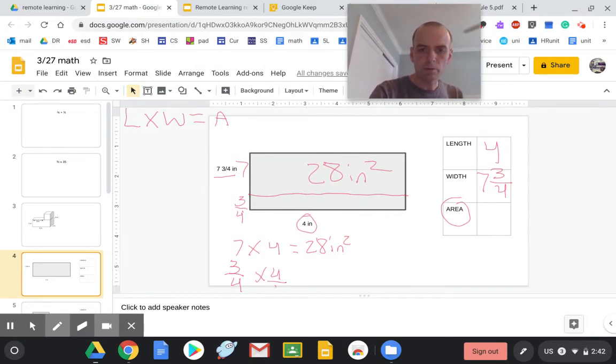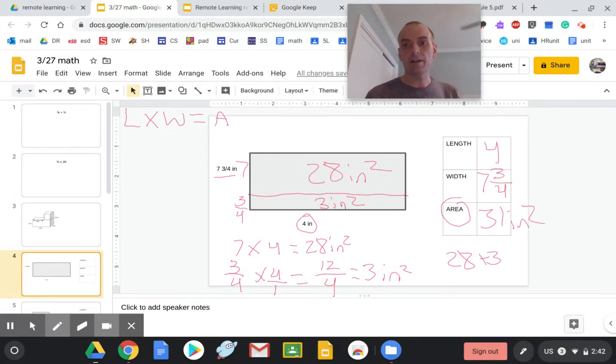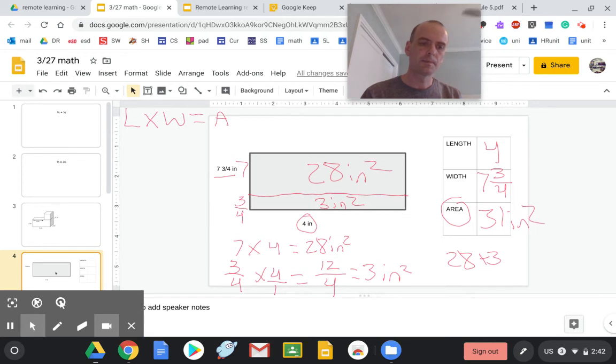And that's 4 over 1, because 4 over 1 is 4, so it's 12/4. 4, 8, 12, that's 3 wholes, so 3 inches squared. We add them up, 28 plus 3 is 31 inches squared. That's our area.